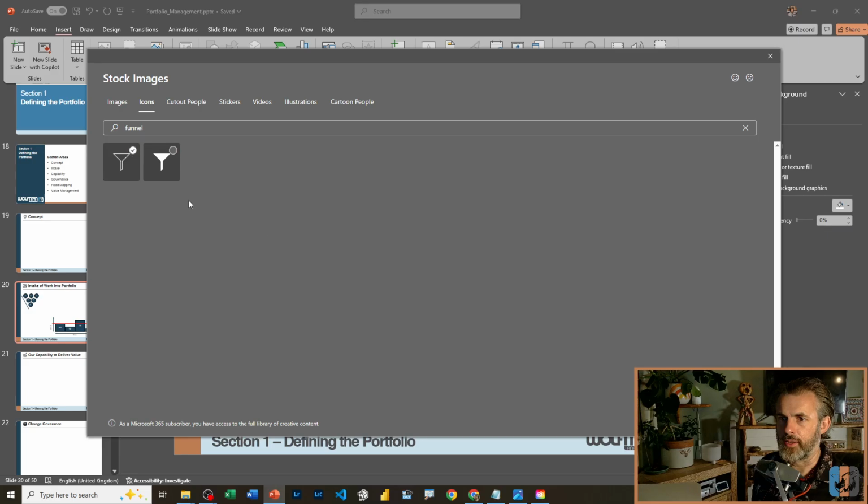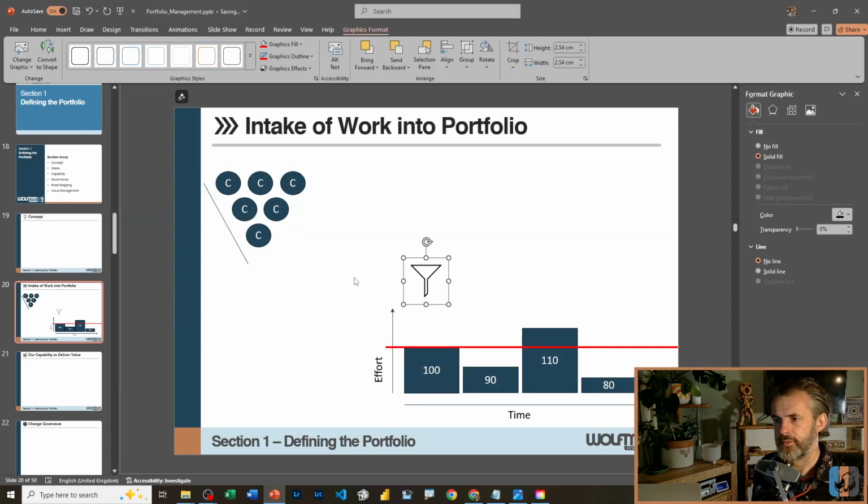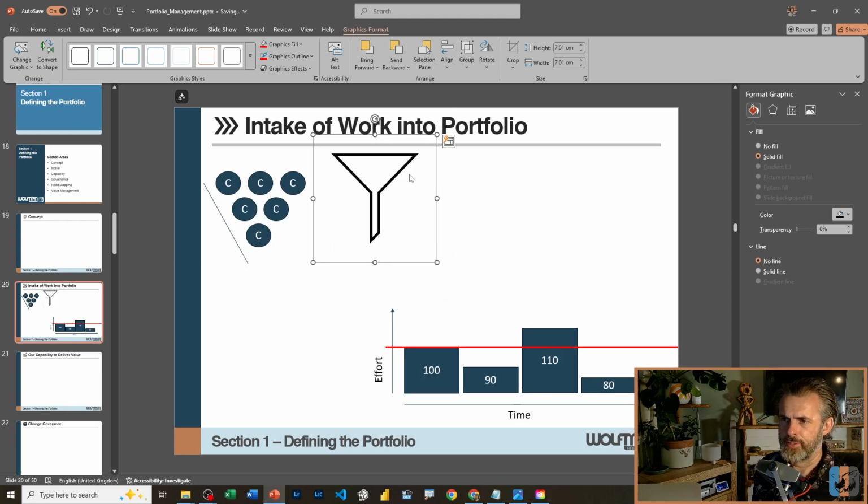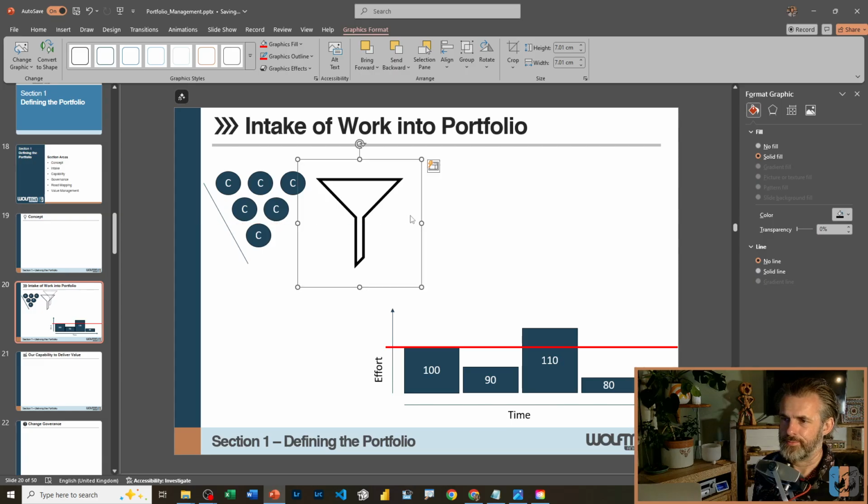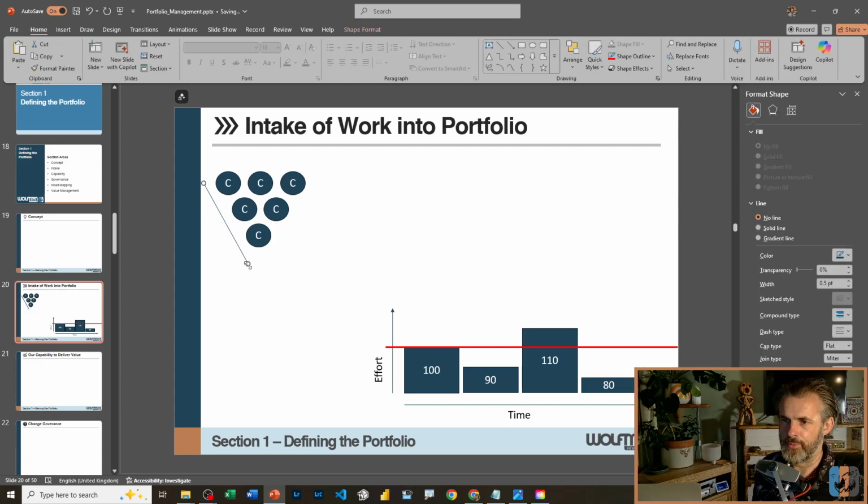I'm not sure if this shape is going to do what I want it to do. I could probably just draw one more suited to what we need.